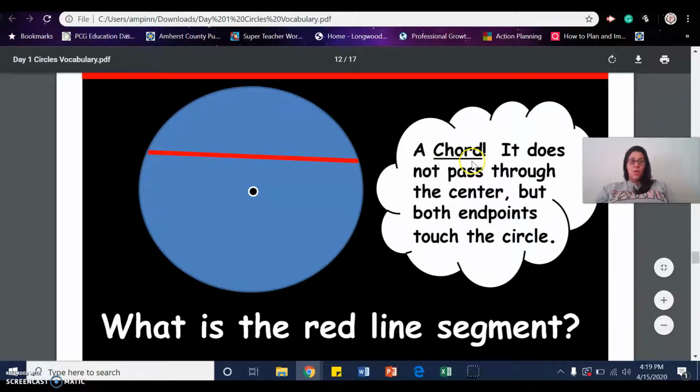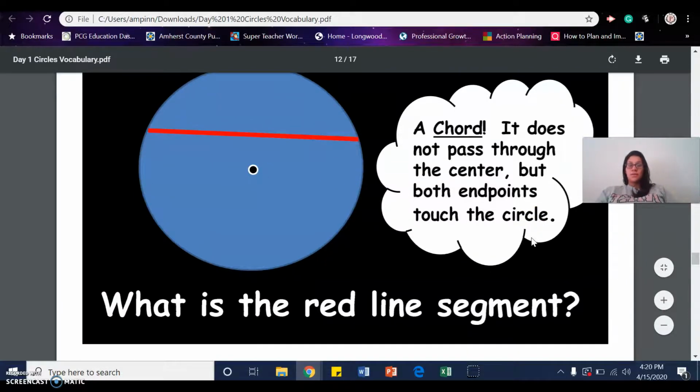That is a chord. It's called a chord because it does not pass through the center, but both endpoints touch the circle, or the edge of the circle. Now, if it went through the center point, it would be the diameter. But you see that it doesn't, so that's why it's called a chord.